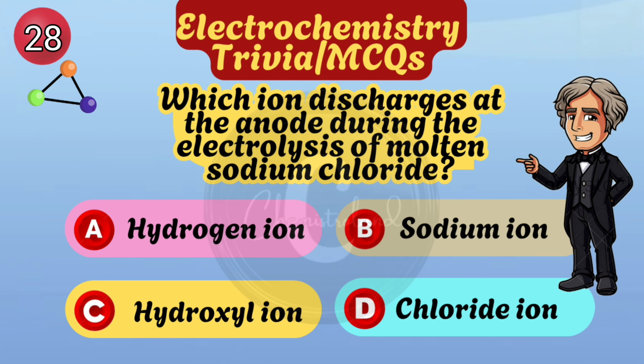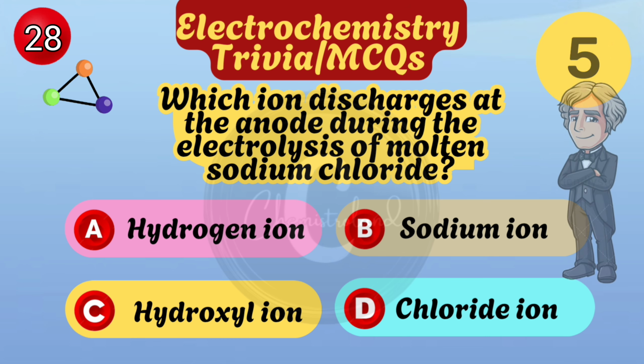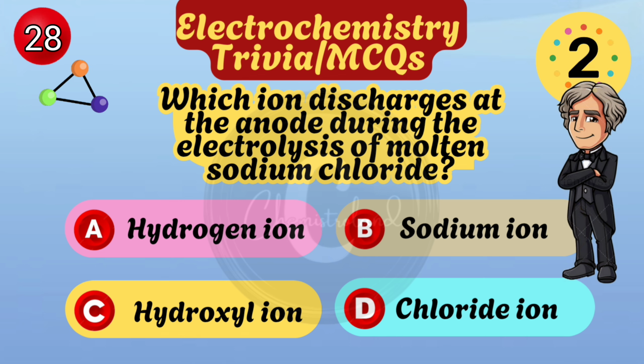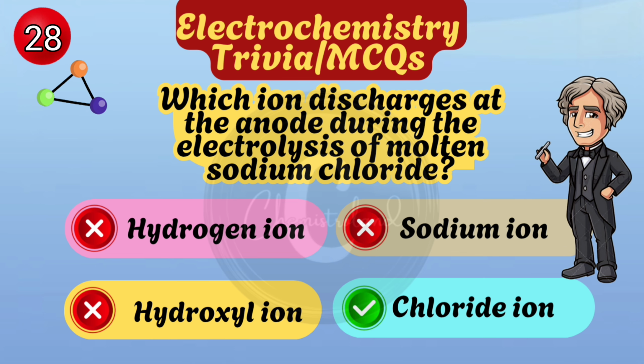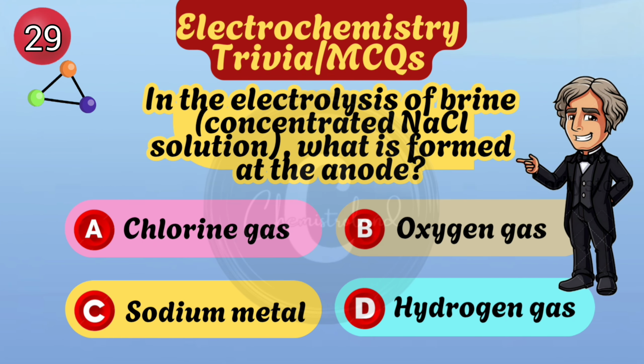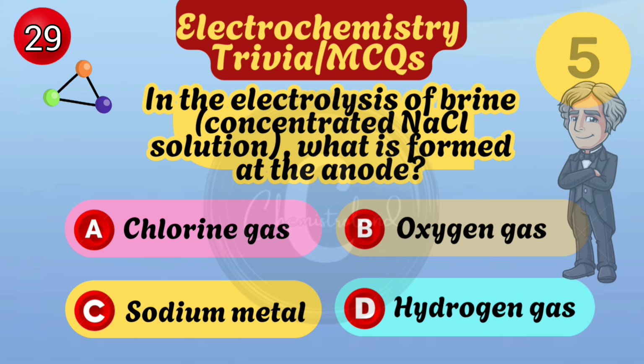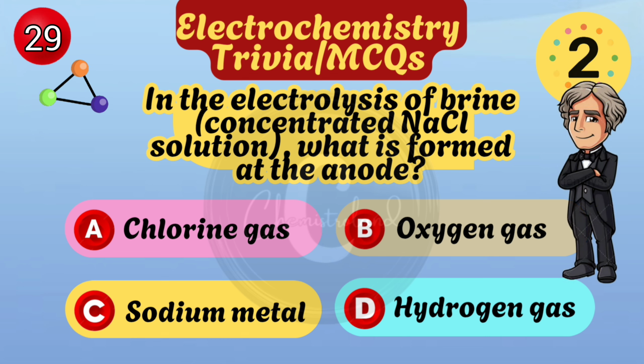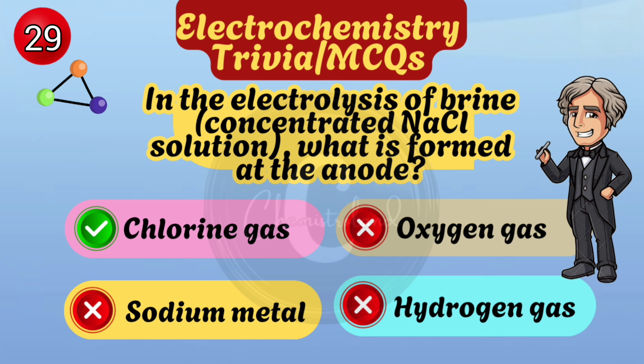Which ion discharges at the anode during the electrolysis of molten sodium chloride? Chloride ion. In the electrolysis of brine, the concentrated sodium chloride solution, what is formed at the anode? Chlorine gas.